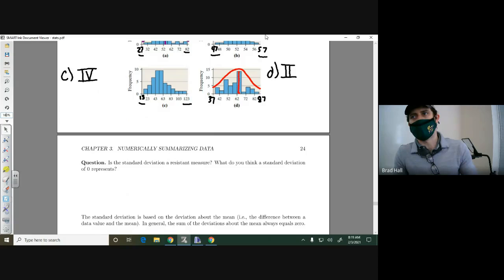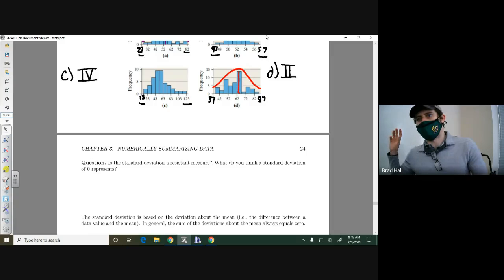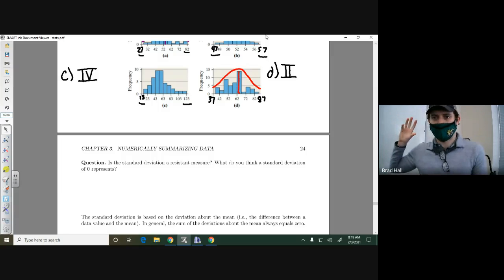Like if we have an outlier, a higher number, it doesn't affect everything. Yeah, so ultimately, if you throw in an extreme number, the people who said yes, this is resistant, what you're saying is the standard deviation is not really going to change that much.